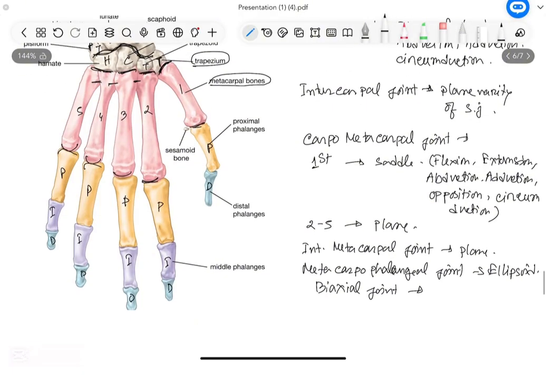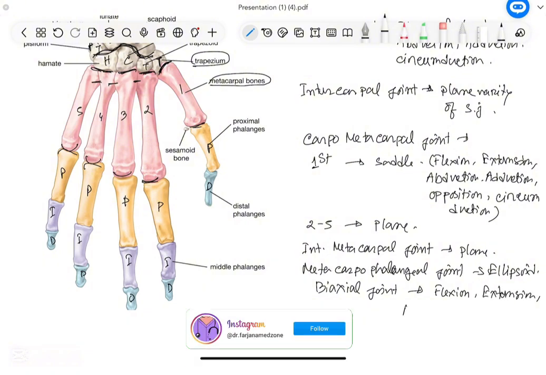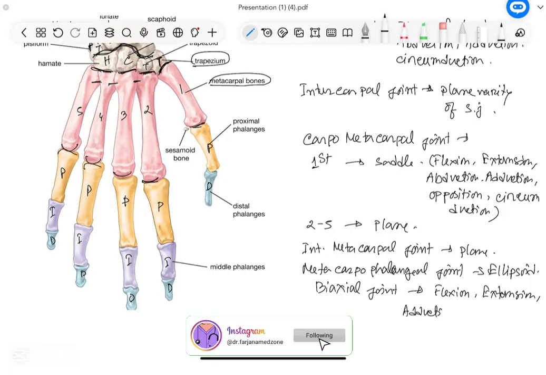As it is a biaxial joint, there will be two types of axis movement. What movements take place here? Flexion, extension, adduction, abduction, and there will be circumduction also.